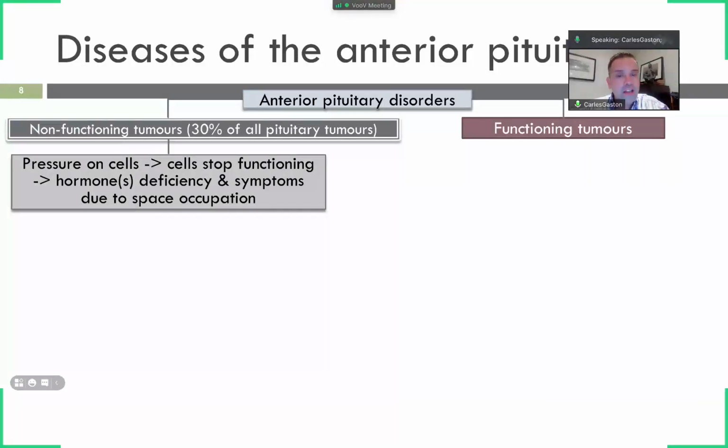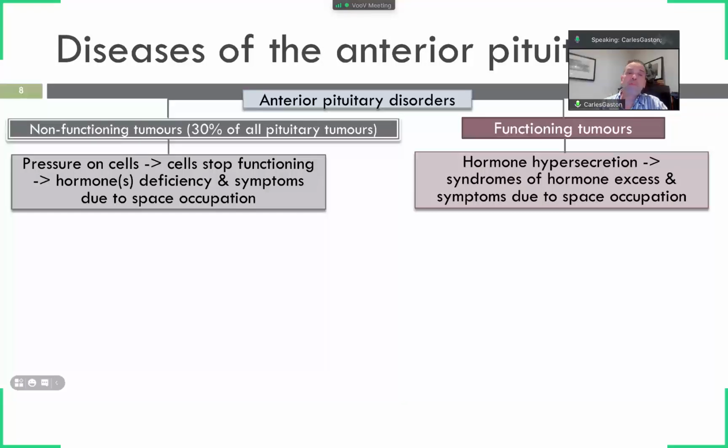And what we studied in the first lecture is that the hypothalamus regulates the pituitary. Therefore, it can lead to deficiency in hormones and also hypopituitarism. Also, there are lots of effects on symptoms due to space occupation. If the tumor grows too big into the cranium, it may affect the optic tracts and the brain. So, very important mass effect.